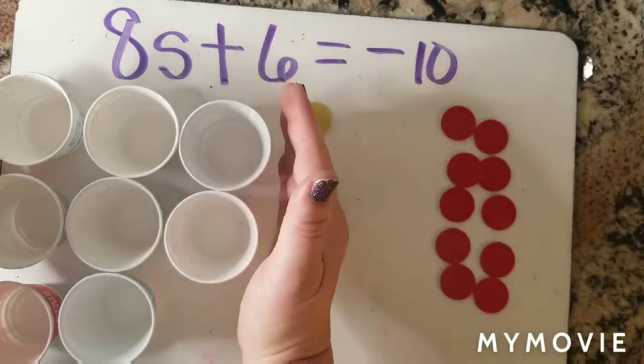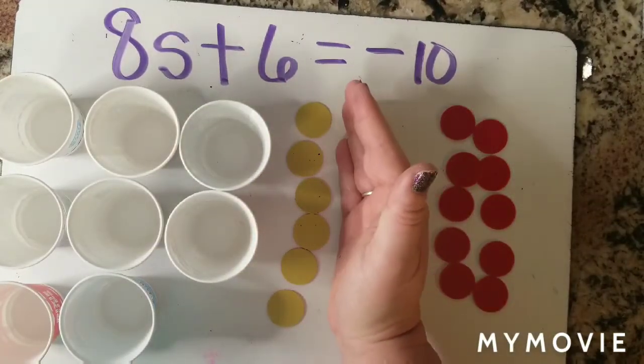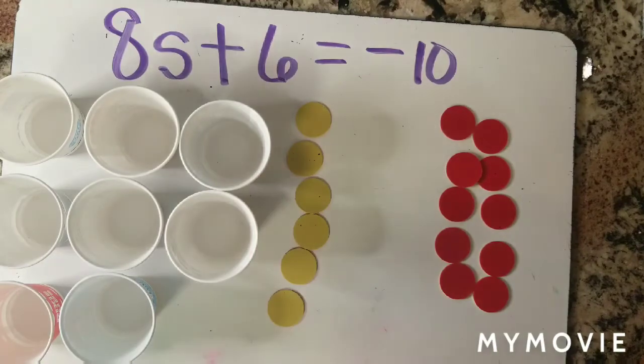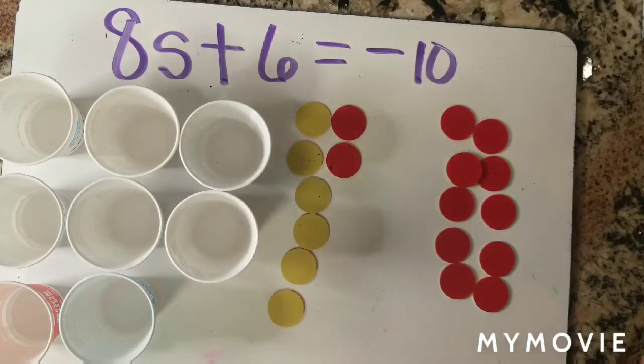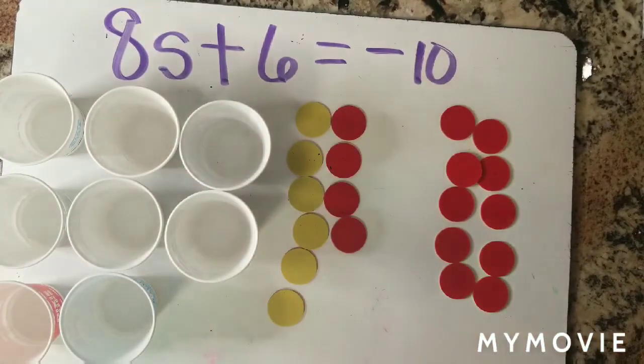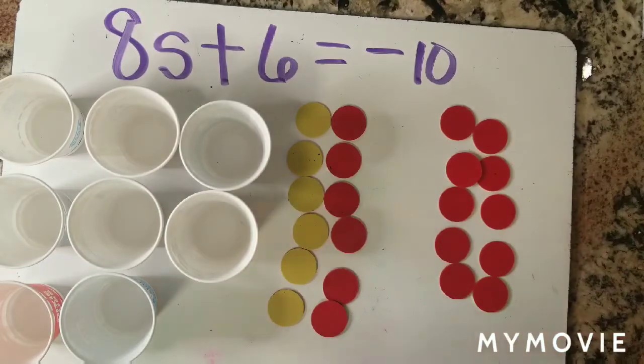So I want to get my s by itself. So in order to do that, I need to get rid of this positive 6. And to do that, I need to do the additive inverse, which is negative 6. And don't forget, if you do it to this side, you have to do it to this side.